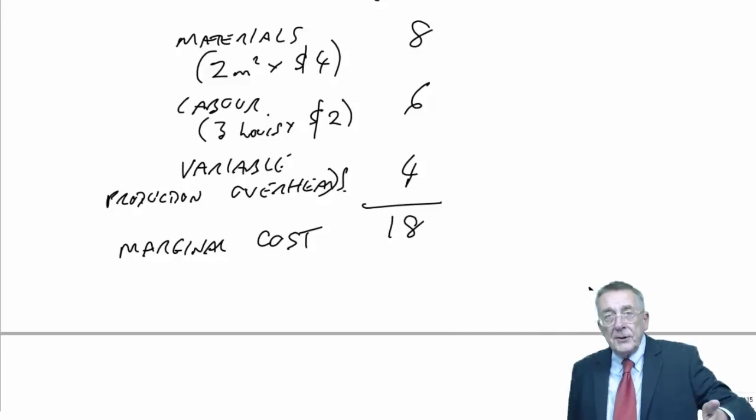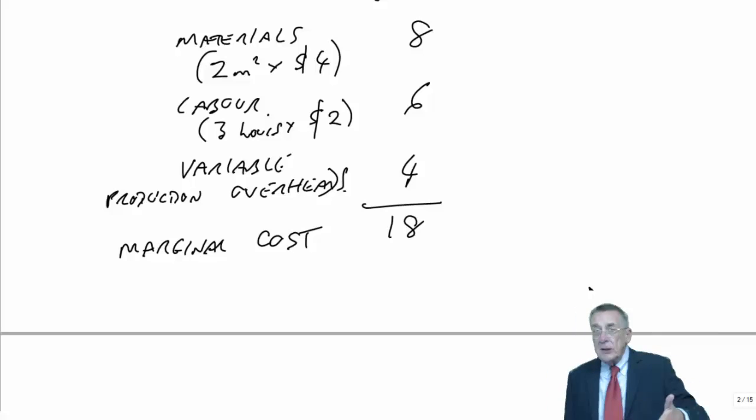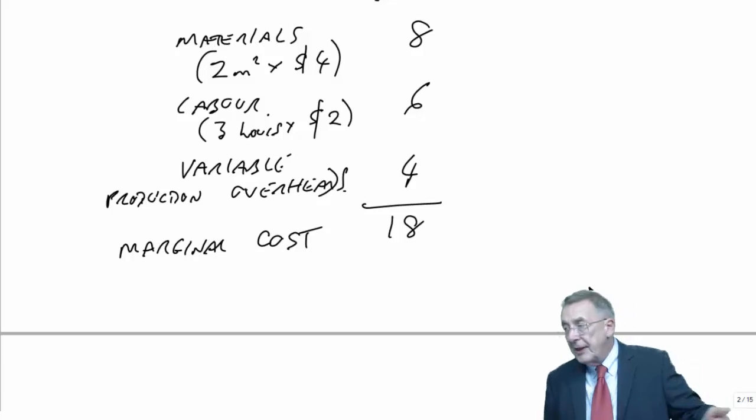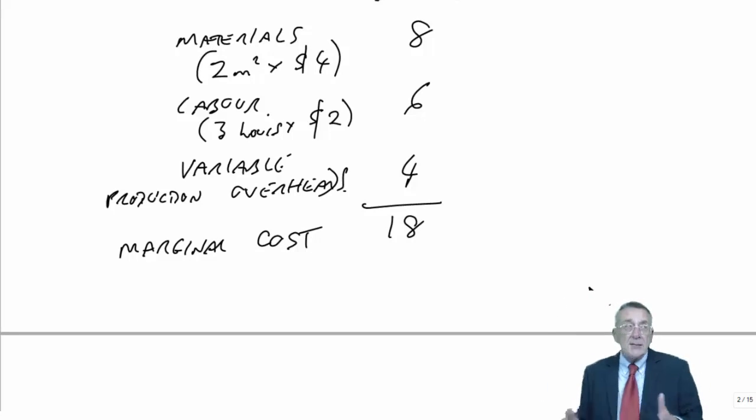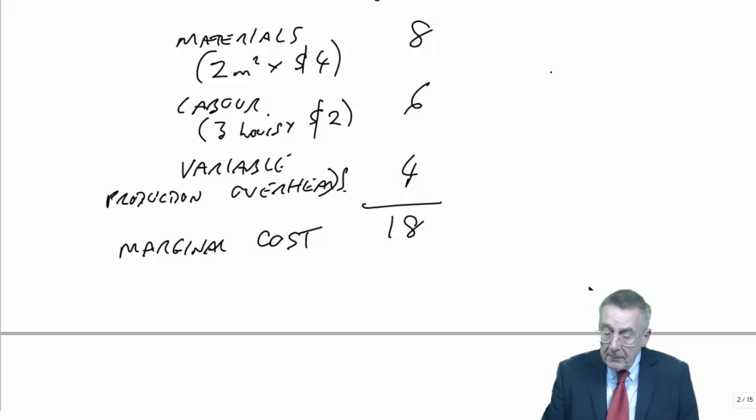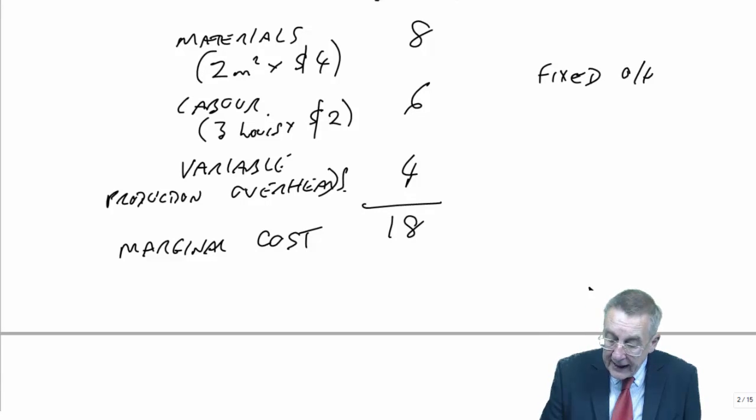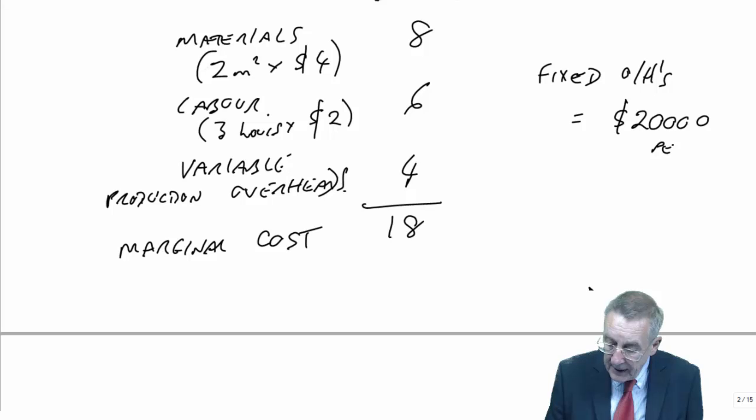And I'll pay $20,000 a month however many units I produce, whether it's 1,000 or 10,000. It's fixed. So still making up figures, suppose the fixed overheads, the rent of the factory, I budgeted at $20,000 per month.